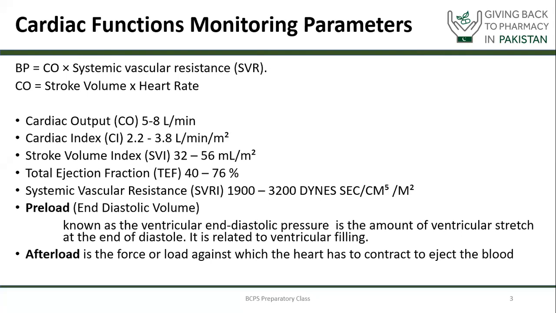So there is some basic terminology we will discuss at the start so that we are clear when we begin the topic. This includes blood pressure, cardiac output, cardiac index, stroke index, total ejection fraction, and systemic vascular resistance.